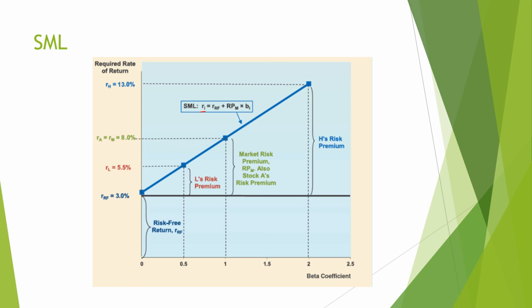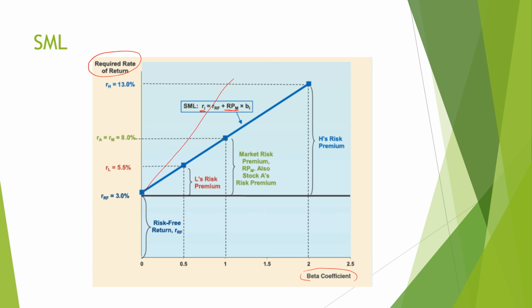Graphically, this is the security market line. Required rate of return, or we can say expected rate of return, is risk-free rate of return plus market risk premium multiplied by the stock's beta. This stock beta is labeled here on horizontal line, and vertical line is required rate of return. So if beta goes up, the slope of this line goes up.